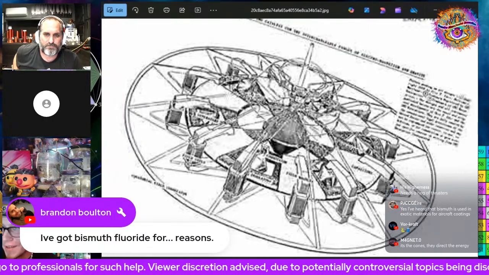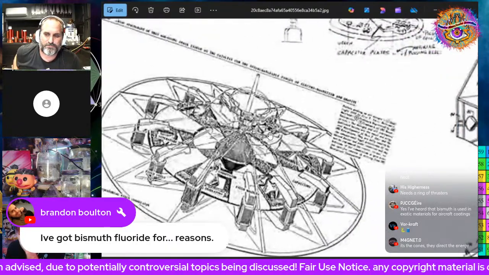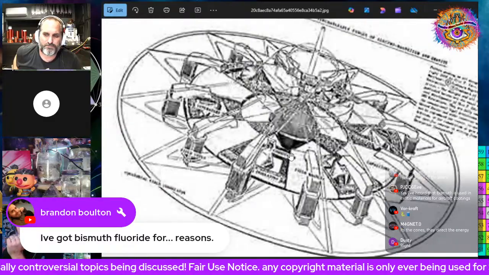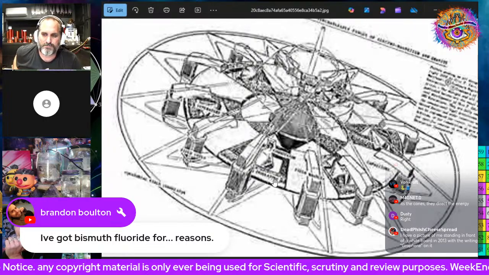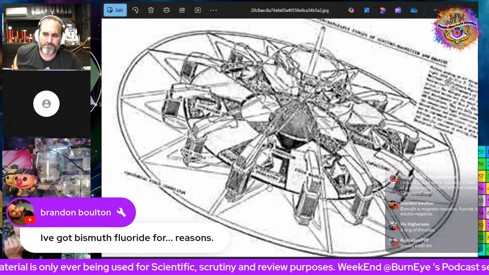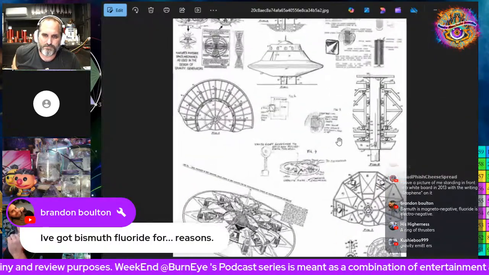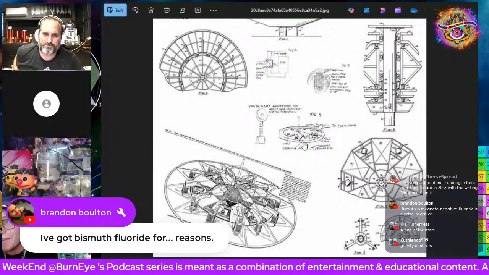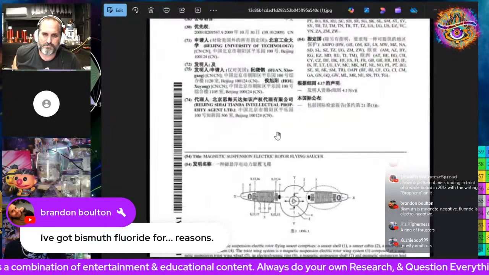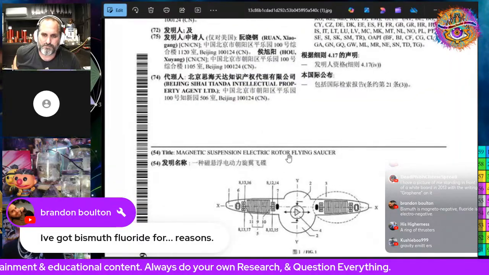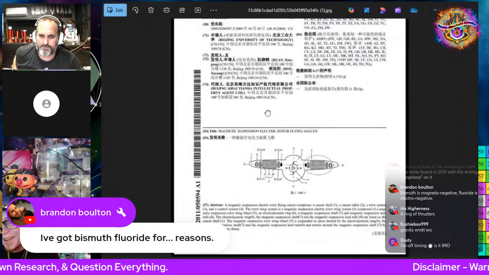And these were all just stages of the development of the reverse engineering of the disc-shaped craft that was originally discovered, I believe, or recovered in the 40s and before, that then launched the decades, and 70 years now, of research into the different, from VTOL craft to this magnetic suspension electric rotor flying saucer patent out of China from 2010.